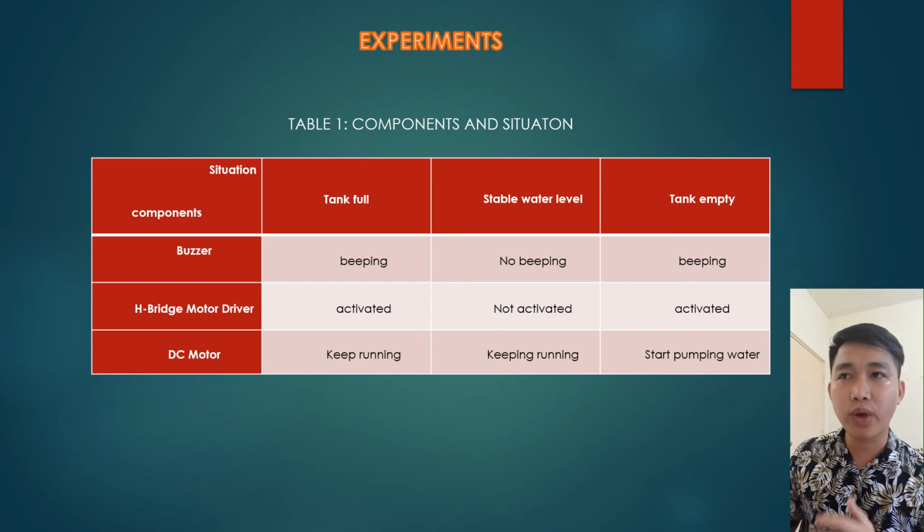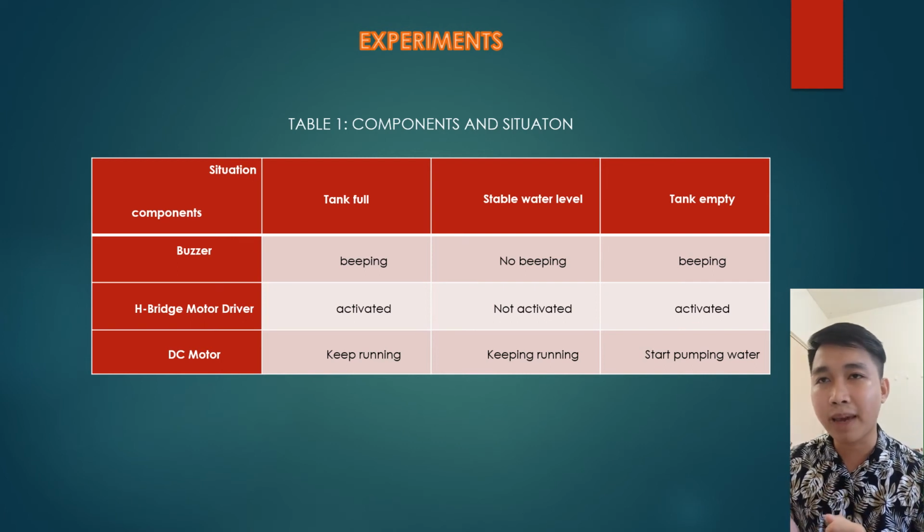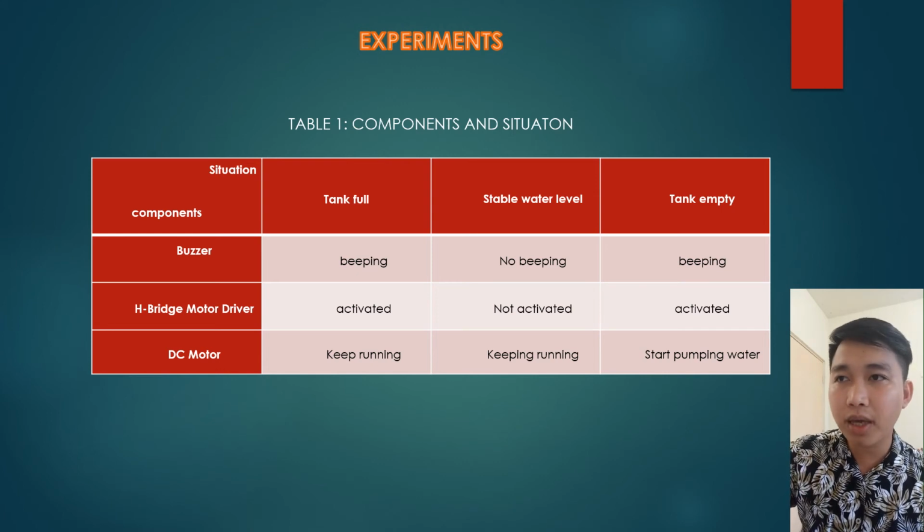I divide it by the components involved and the situations involved. We can see the tank is full, stable water level, tank is empty, and what is activated. We will discuss the first situation, which is the tank is full: the buzzer will beep, the H-bridge is activated, and the DC motor keeps running.